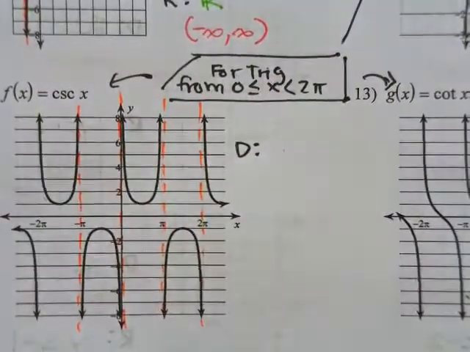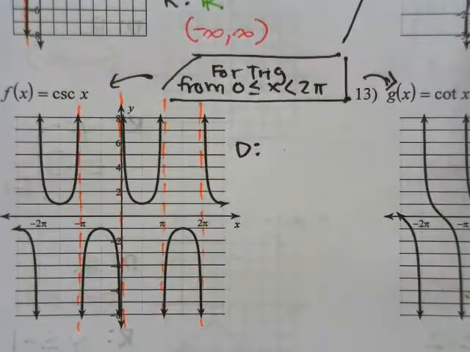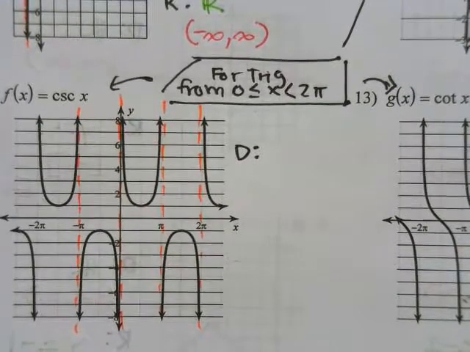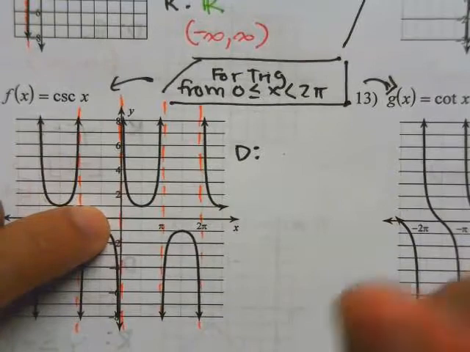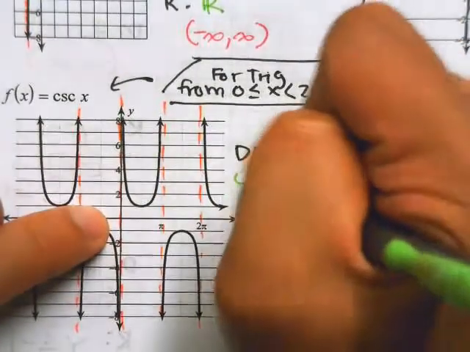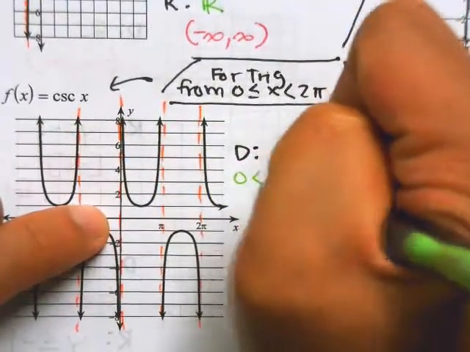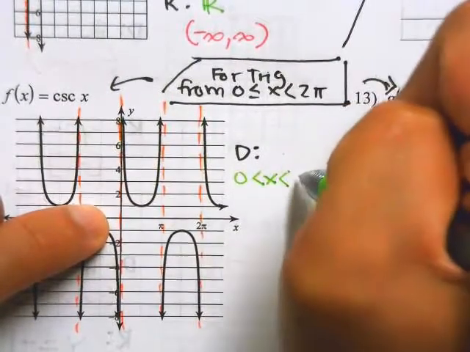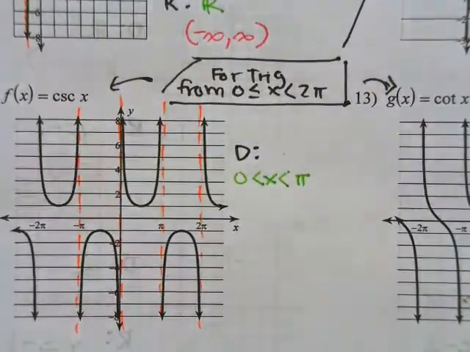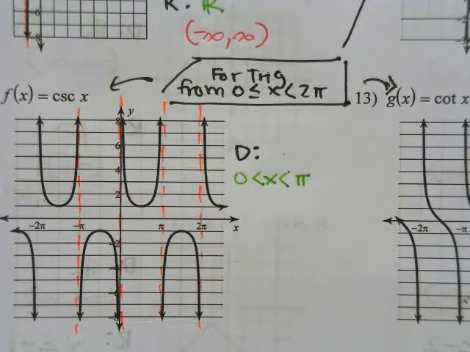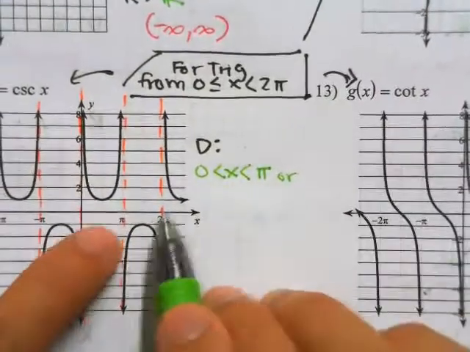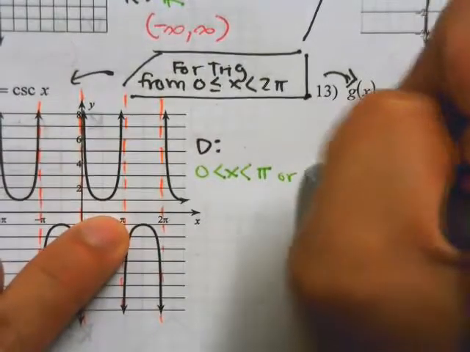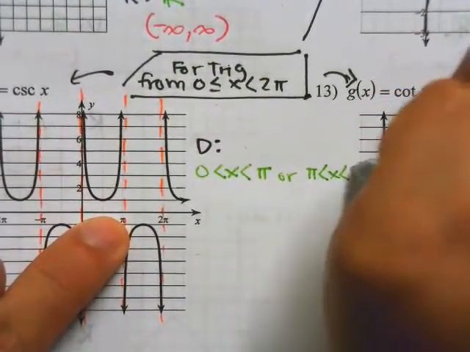So there has to be a way that we can write the domain so that we're not including those things. Okay, I think this is one way you could write the domain, and we're going to have to write it twice, and hopefully I have some room. I mean, there's 2 separate pieces to that. So it would be 0 to pi, not including those, and then or from pi to 2 pi.